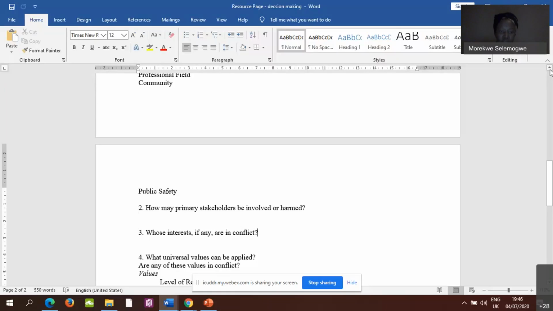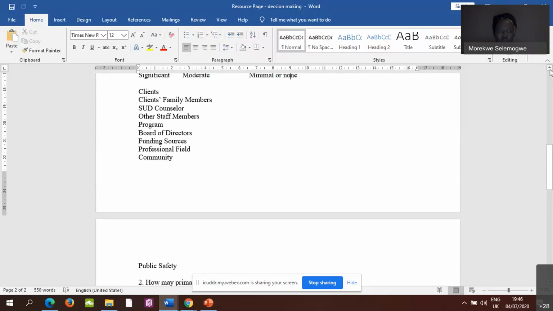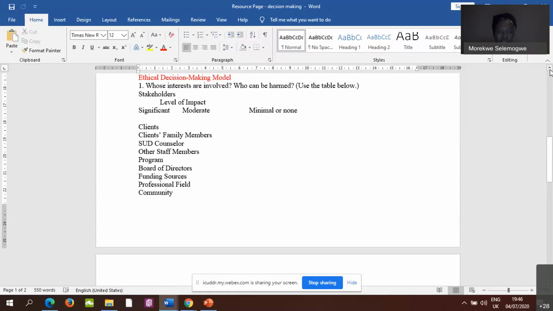So moving right along, whose interest? I know that it's not just the profession. When you think about who can be harmed, obviously the community can be harmed, the professional field, the counselor, the client, the family. So people who can be harmed also come from this first question that says whose interests are involved.